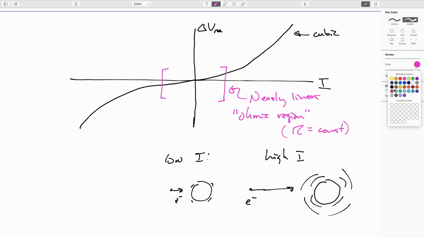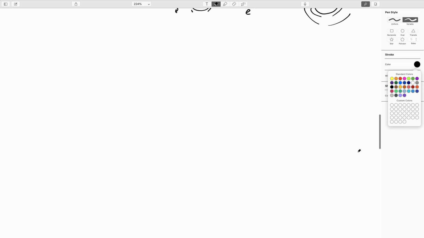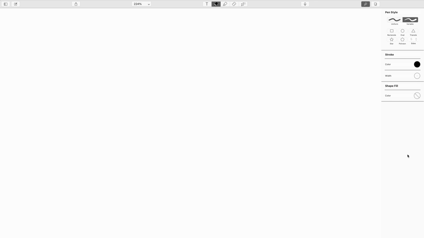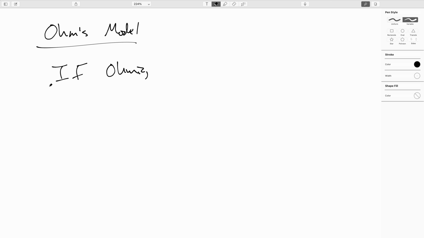So Ohm's model, and I prefer to call it Ohm's model rather than Ohm's law because I'm about to go on a bit of a rant for that, says that if the device, and that's a big if, is ohmic, then the current that goes through is directly proportional to the voltage applied across the resistance, and inversely proportional to the resistance itself.